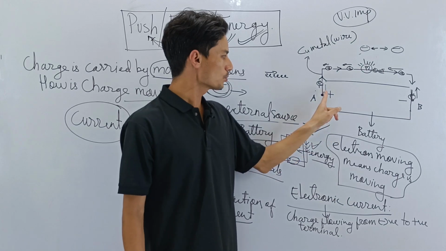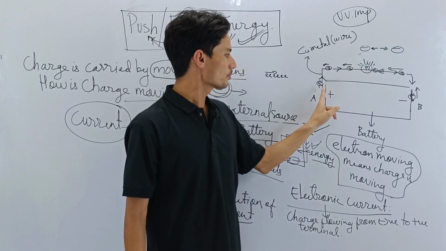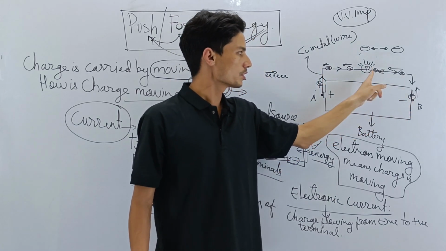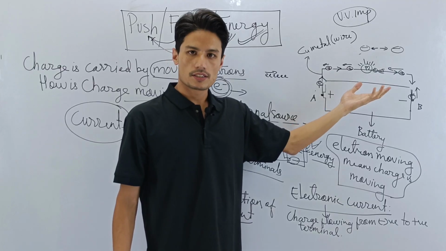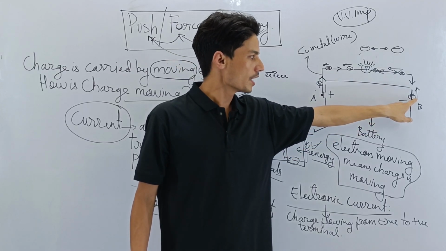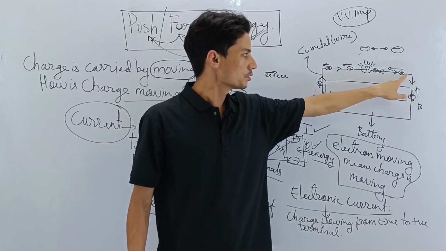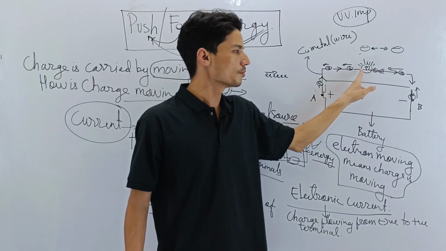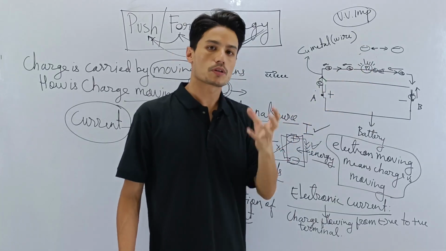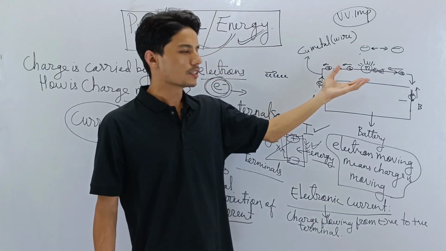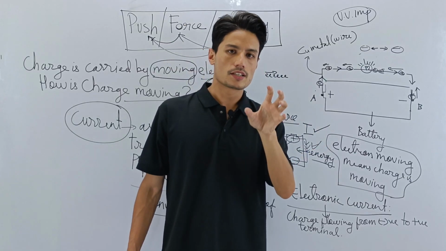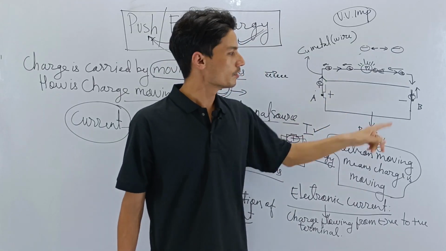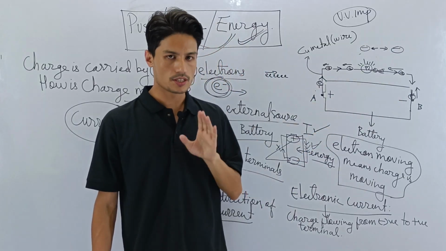Nothing is moving from this end to this end, so the bulb will not detect anything. Whereas electrons are moving from this point to this point, so the bulb detects the movement of electrons, and that's how the bulb glows. That's how the devices work, because they detect flow. Flow of what? Flow of electrons. I hope it is clear.